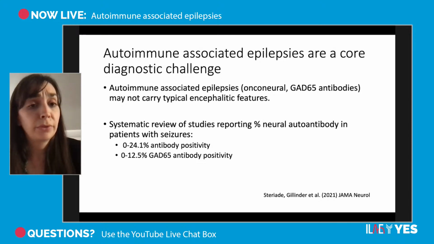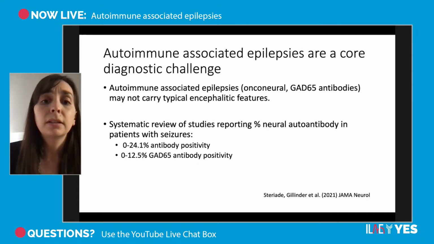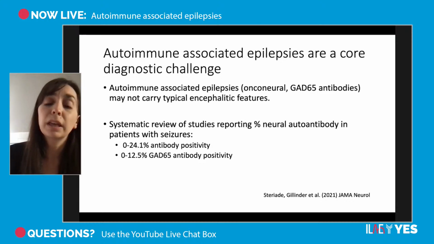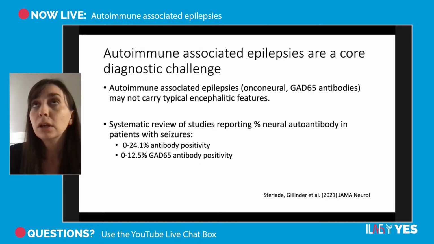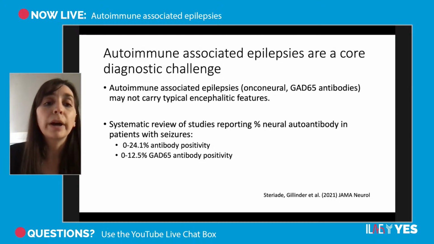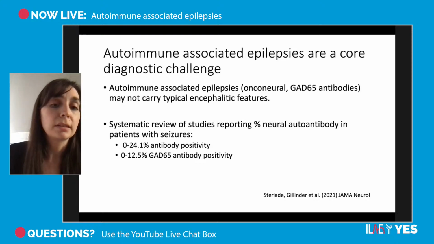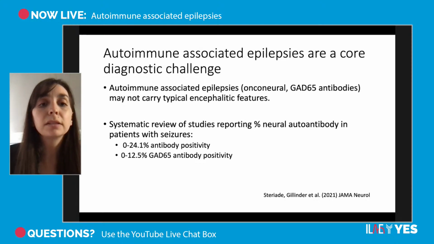We did a systematic review of studies that looked at epilepsy populations and systematically investigated these patients to look at how many of them carried a neural autoantibody. And the conclusion was that there was a very wide variability in the reported range of antibody positivity frequency amongst these populations.